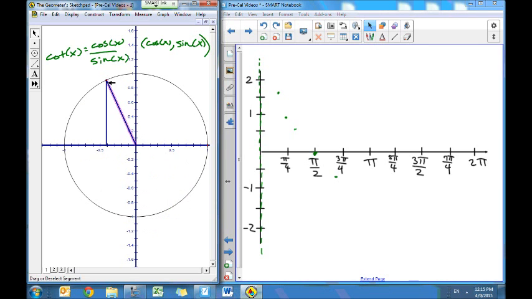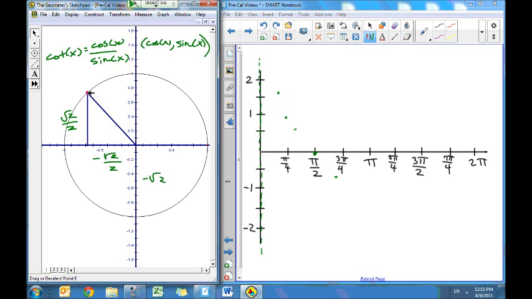Keep going. At 3 pi over 4, I will have negative root 2 over 2 divided by root 2 over 2, which is equal to negative 1.